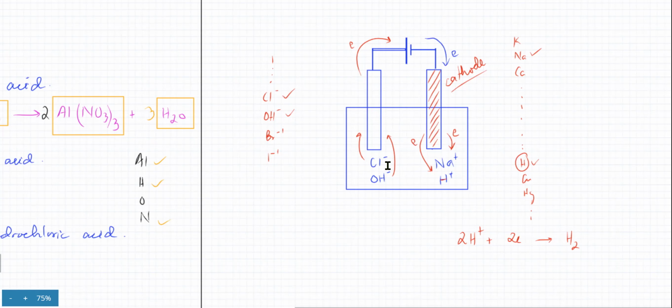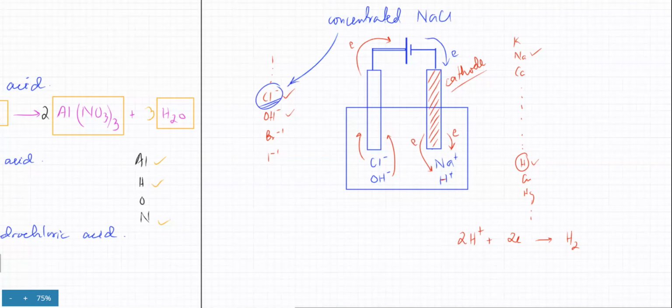But they had used the word concentrated NaCl. And we had discussed when we were studying electrolysis that if you use the word concentrated, then something happens to Cl, and Cl is the one that's always going to lose electrons. Okay, remember, if the word concentrated is used, you have to select Cl-1.